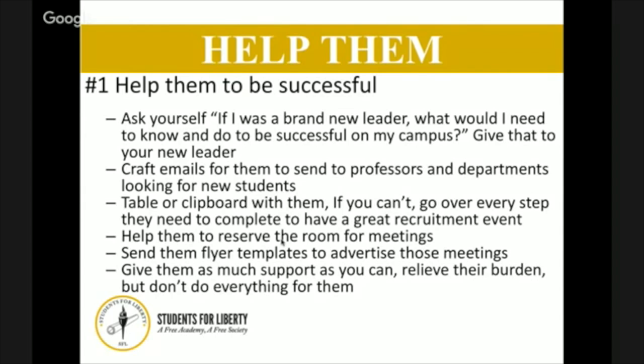Once you answer that question, give that to your new leader. If you say, well, I wouldn't even know how to start holding an activism event. Well, perfect. Now you've identified what that new leader may need. They need to know how to apply for an activism event, how to acquire materials. They need to know how to reserve the space.